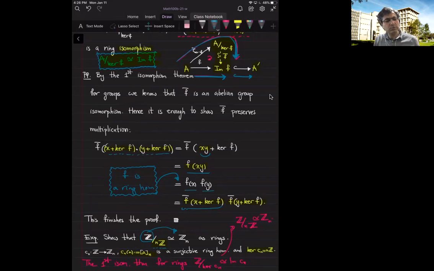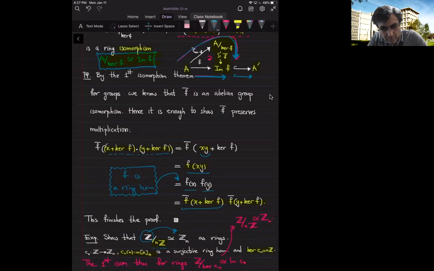Let's see how we can use the first isomorphism theorem of rings. Let's start with an easy example. Let's show that the quotient ring Z modded by nZ is isomorphic to the ring of integers modulo n as rings. As groups, you have already seen it; now as rings. The trick is always like this: quotient rings are not that easy to work with.